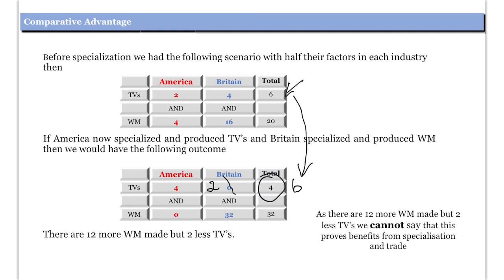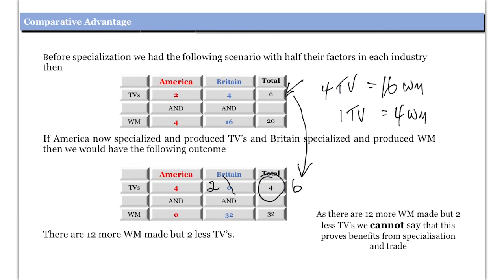So if you remember, their opportunity cost was 4 televisions or 16 washing machines, 1 TV, 4 washing machines.